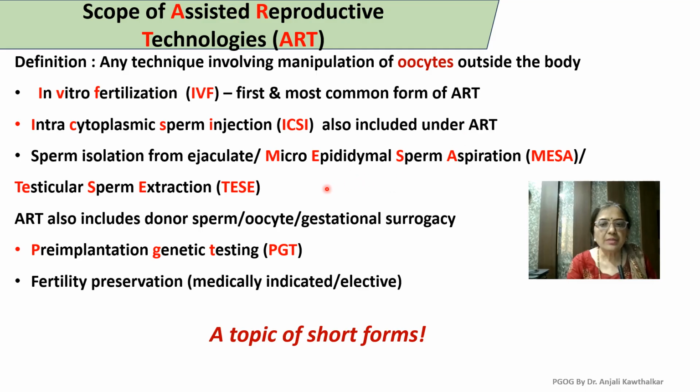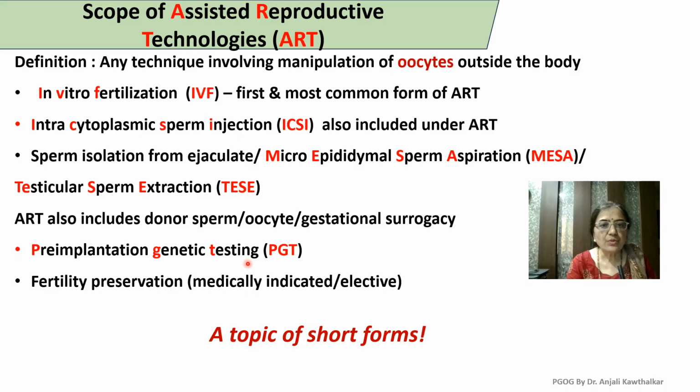All the techniques where the sperm isolation is done either from ejaculate or MESA, that is micro epididymal sperm aspiration, or TSE, that is testicular sperm extraction, all these also form the component of ART, in the sense that so many times the technique for sperm retrieval is to be employed while doing the assisted reproductive technology. It also includes donor sperm, donor oocyte, or gestational surrogacy.